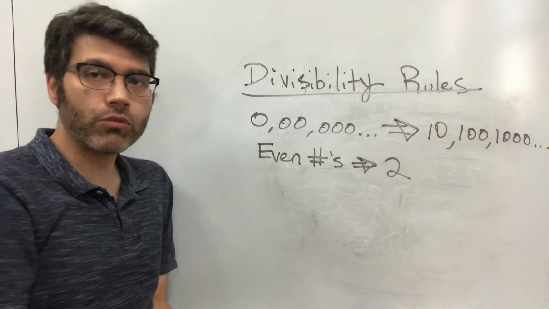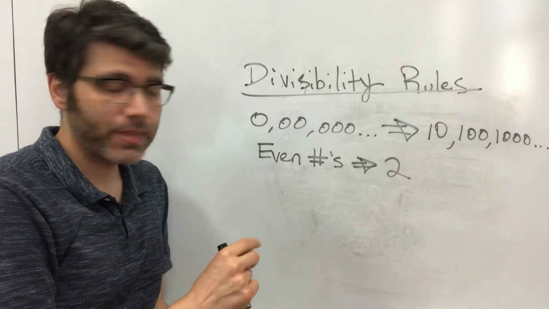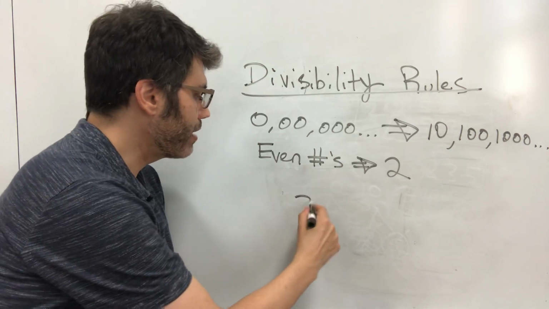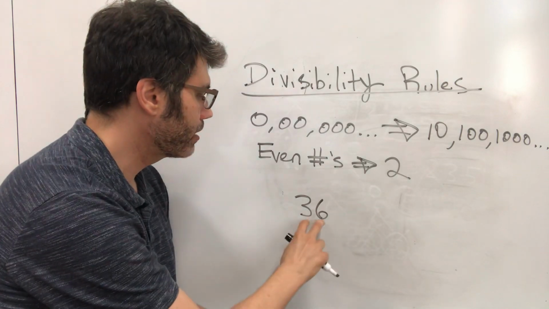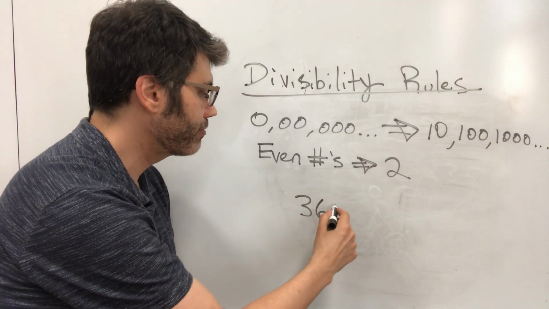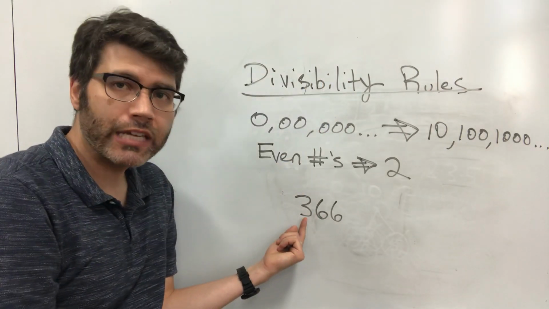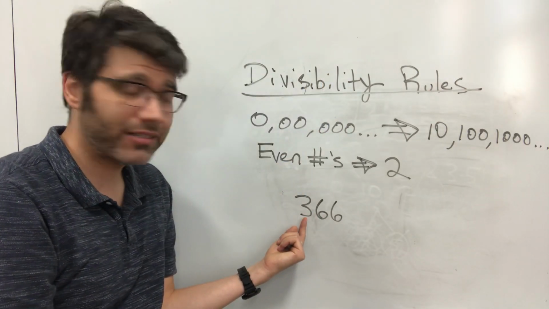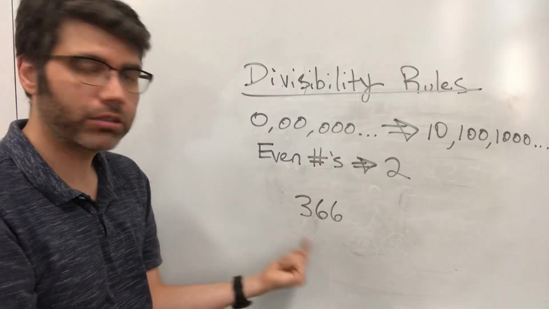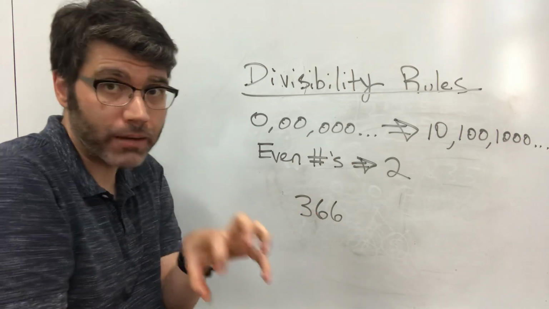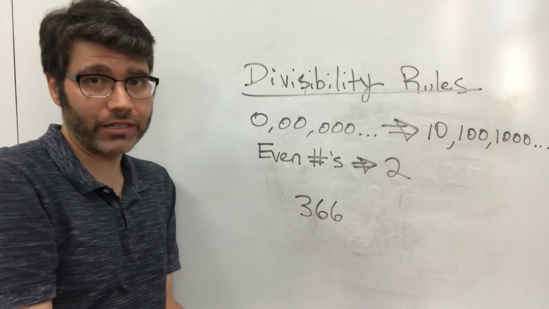Here's a really cool divisibility rule. It's the divisibility rule of 3. Let's say we have 366. So if you add up the individual digits of every single number that makes up the complete number, and that sum is divisible by 3, then the entire original number is divisible by 3.